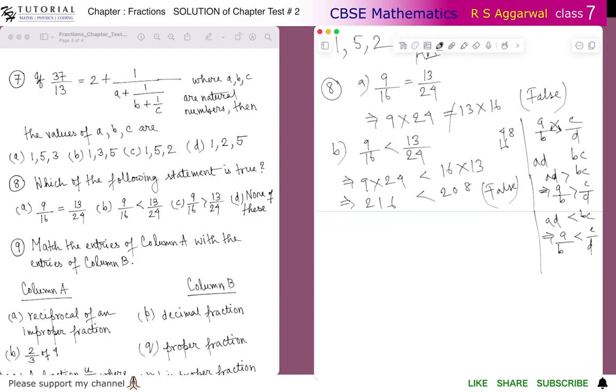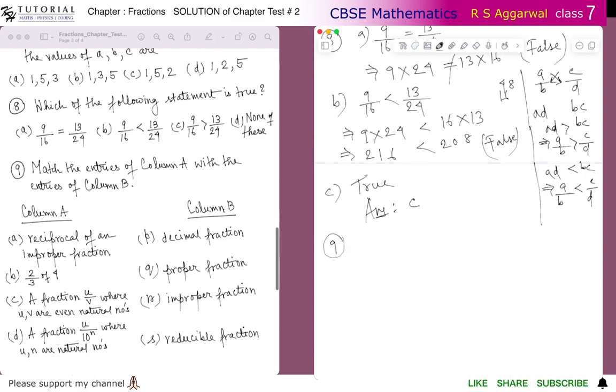I hope I did the multiplication right. 16 multiplied by 13 is 208. So B is false. What is C saying? That 9 by 16 is greater than 13 by 24. Definitely, if B is false, then C is correct. Option D is none of these. So the answer is option C.